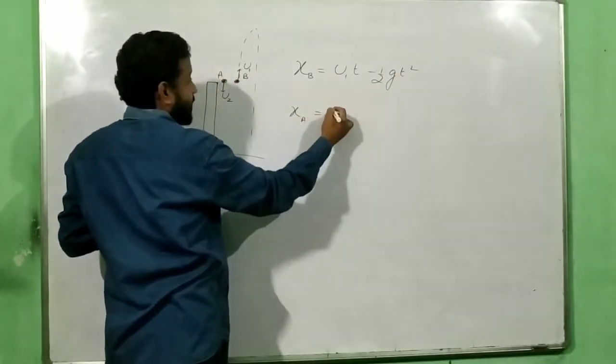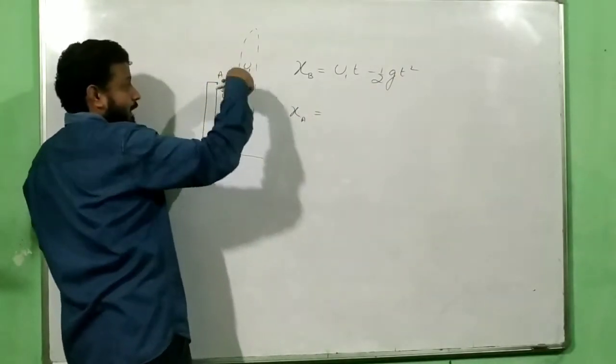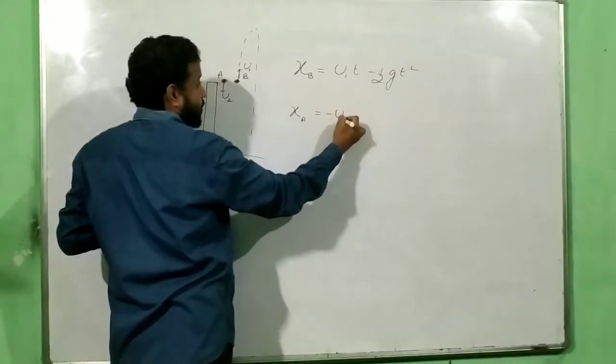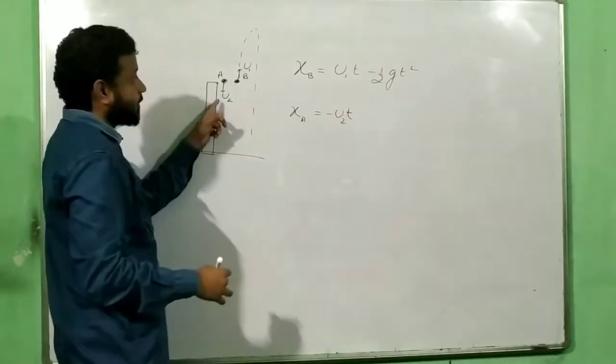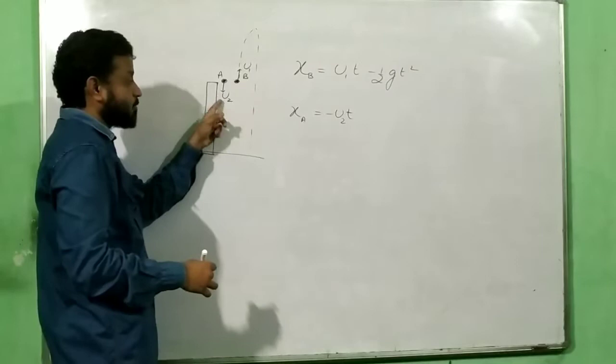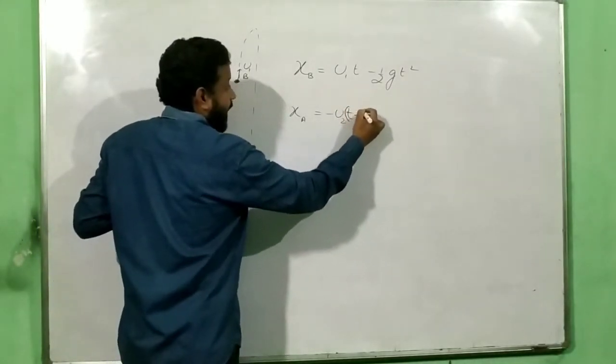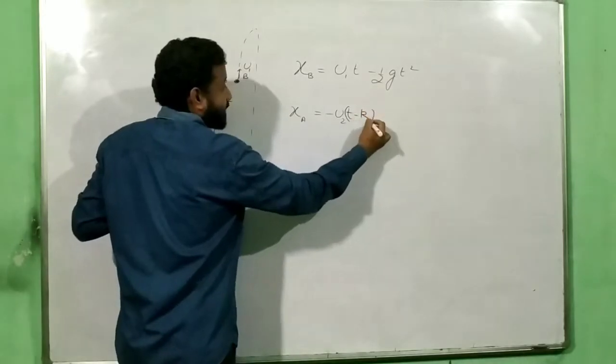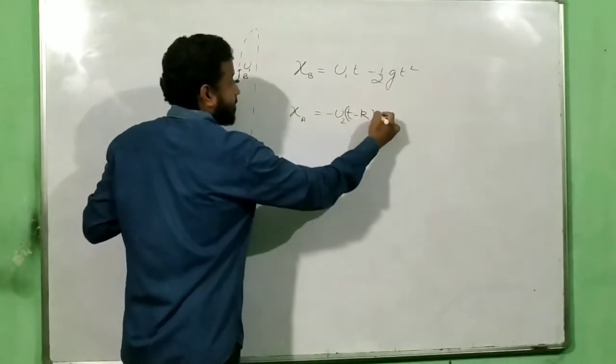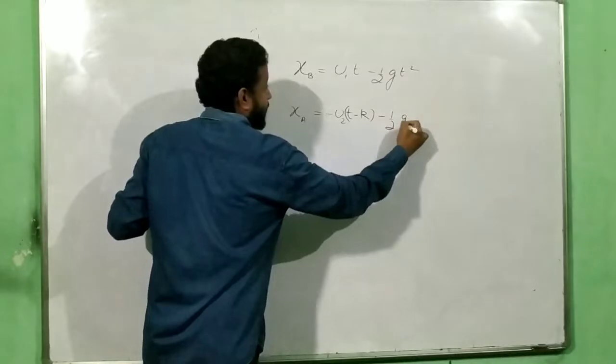Displacement of A will be equal to, now this u2 is thrown down, so I will write minus u2 times t. Okay, this is for object A. And then you have to incorporate the time lag. So let us say the small k is my time lag. So u2 times (t minus k) minus half g (t minus k) square.